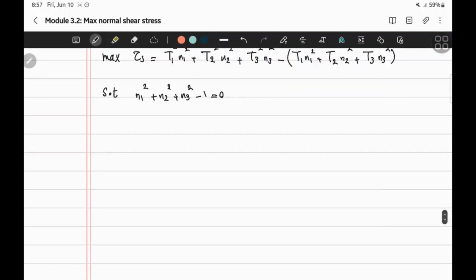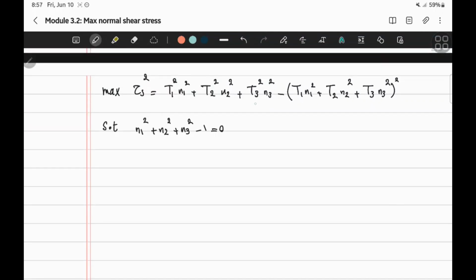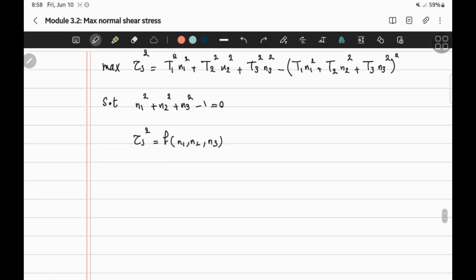So let's get started. Here t1, t2, and t3 are real values, and n1, n2, and n3 are unknown. So we can write tau s squared as a function of n1, n2, and n3. And the book uses tau s squared because it's much easier to work with than tau s, since otherwise you have to put a square root in and everything gets really complicated.